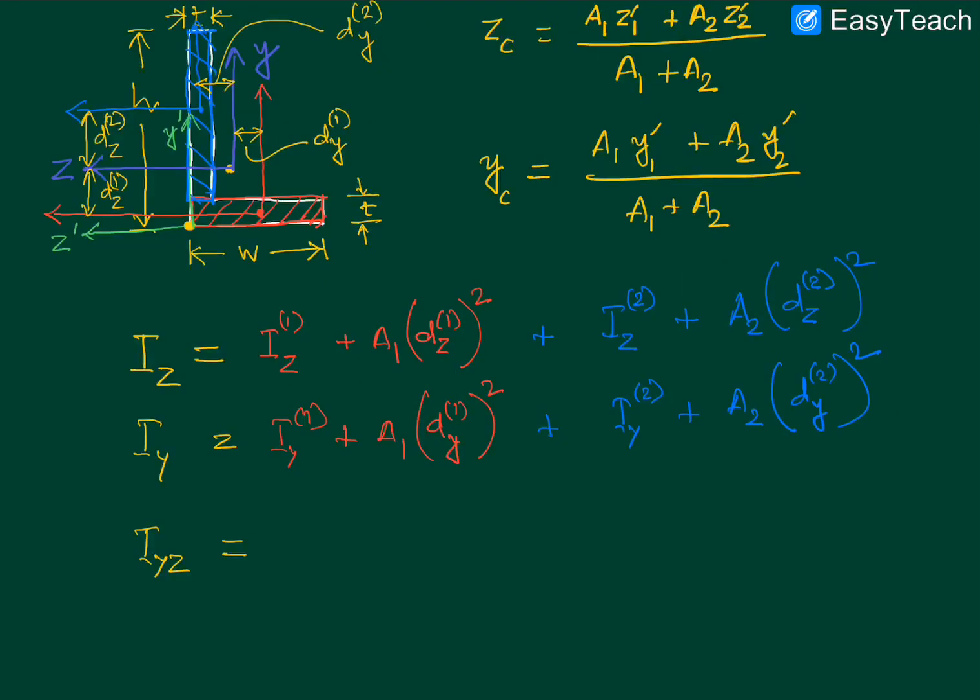So we use this idea here to note that the contribution to IYZ from this is actually equal to 0. However, we will have the contribution from A1 times dy1 dz1.